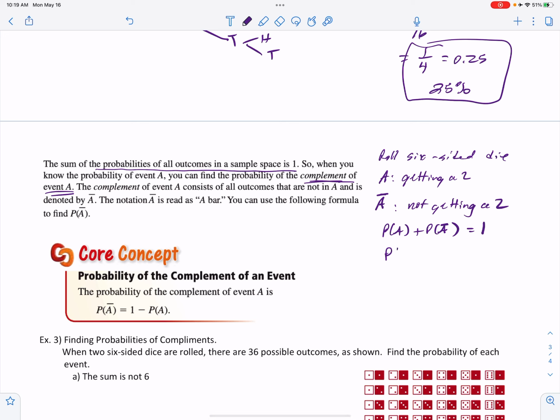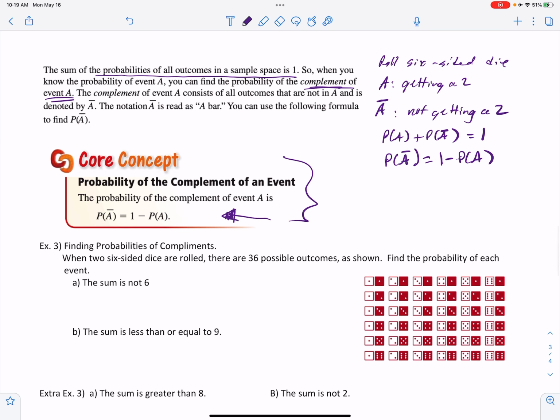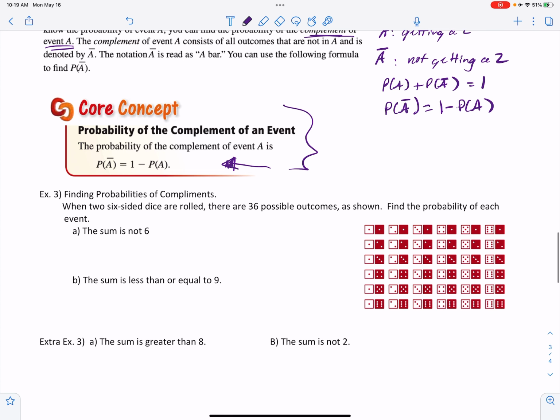Or, as we like to use it, the probability of A bar is 1 minus the probability of A. And that is the formula that you want to know. You want to know that A bar is called a complement, and understand what a complement of an event is.